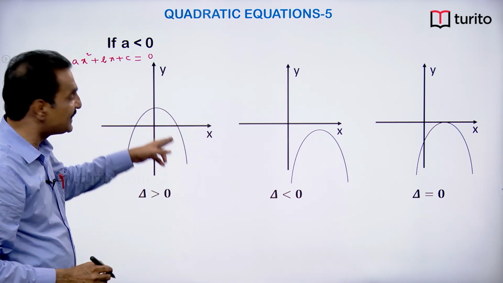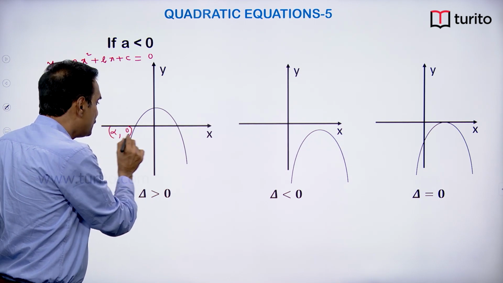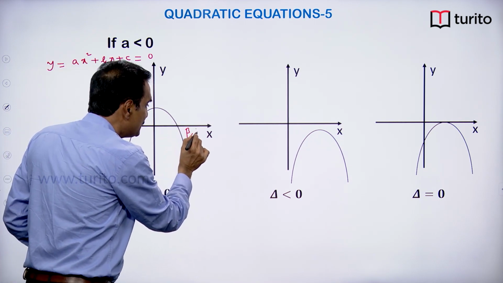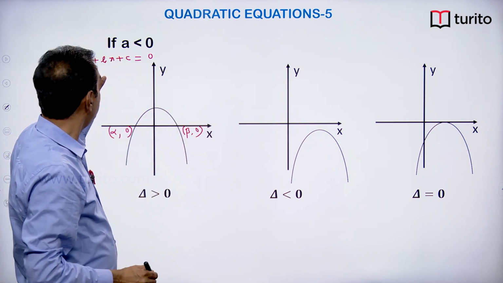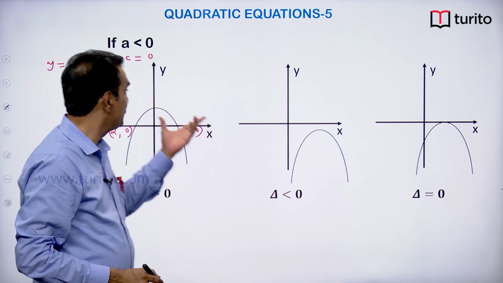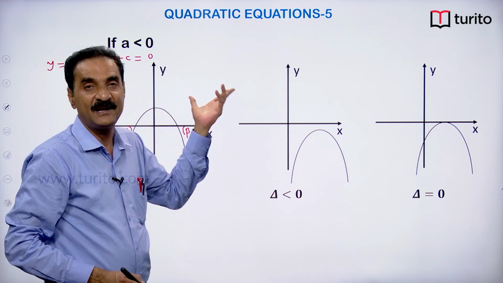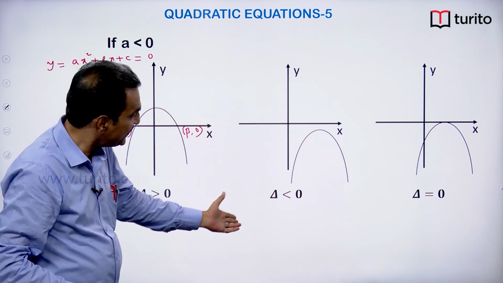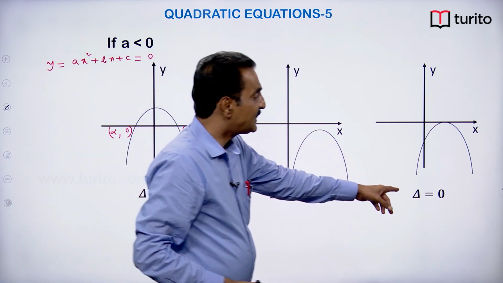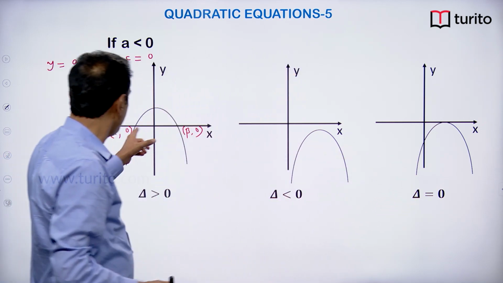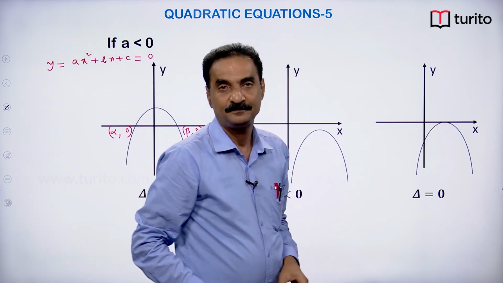Then the graph intersects the x-axis at two distinct points, alpha comma 0 and beta comma 0. If delta is negative, then the graph does not intersect the x-axis, because if you put y is equal to 0, you are getting non-real or imaginary roots. Then the graph will be completely below the x-axis. If delta is equal to 0, then these 2 points coincide, then the graph touches the x-axis at its vertex.